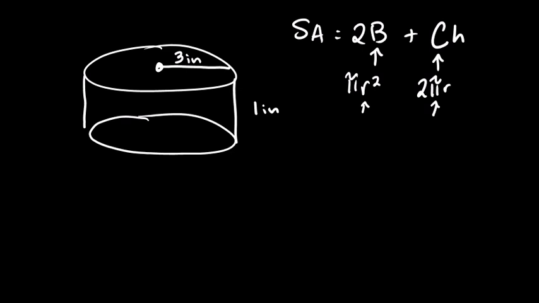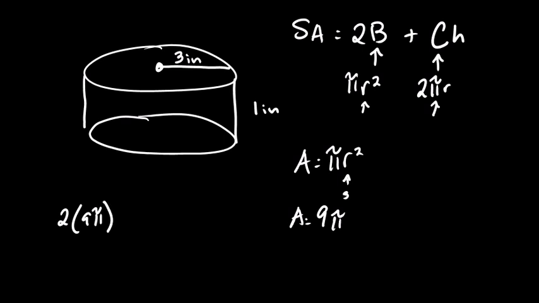The radius is 3. Okay, so in order to find the area of one base, pi r squared, I replace the r with the 3, so that becomes 3 squared, which is 9 pi. I'm just going to leave it in terms of pi. So the area of one base is 9 pi, so plugging into my formula, 2 times 9 pi. Alright, plus, what is the circumference?